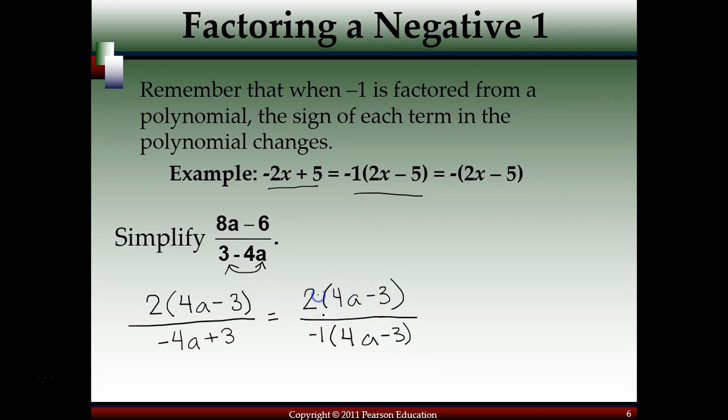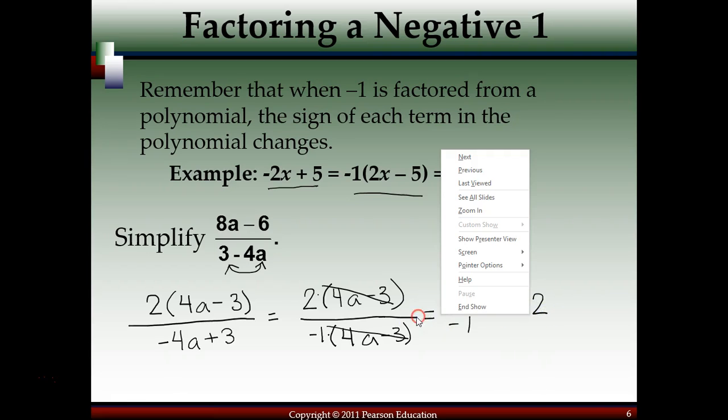Now the numerator and the denominator have this 4a minus 3 in common, so let's cancel that out. And what we are left with is 2 over negative 1, which really equals negative 2. And we're done.